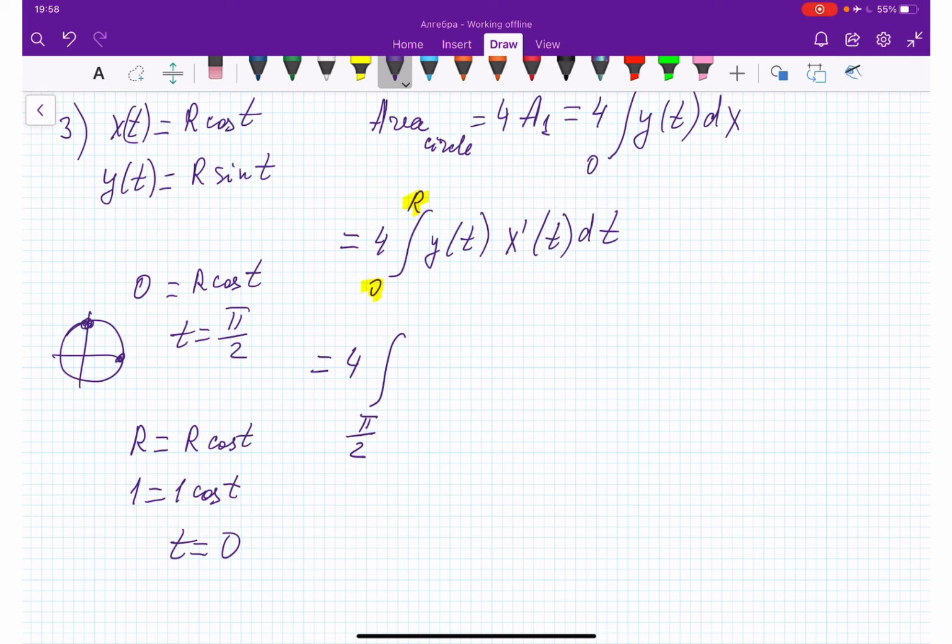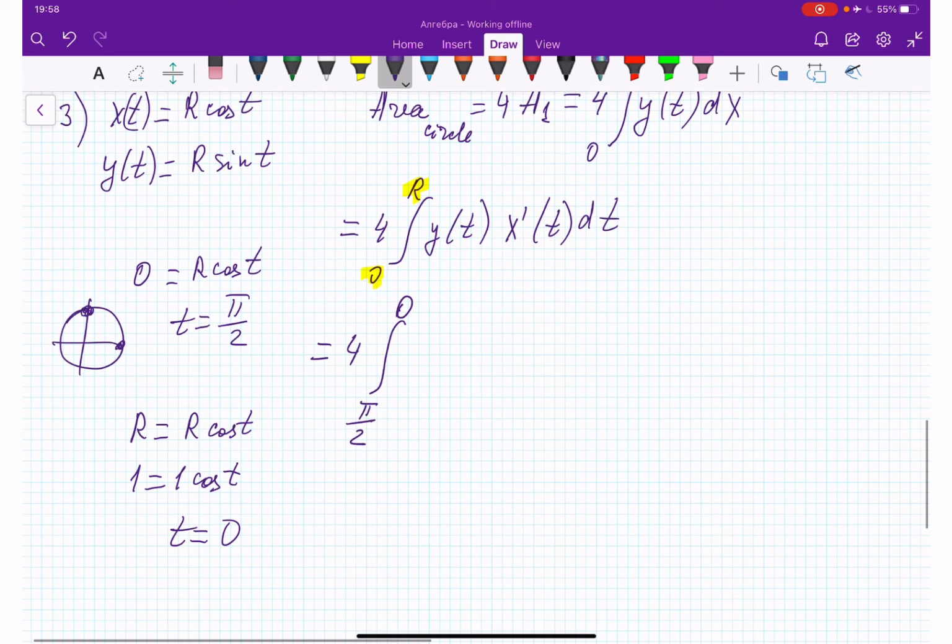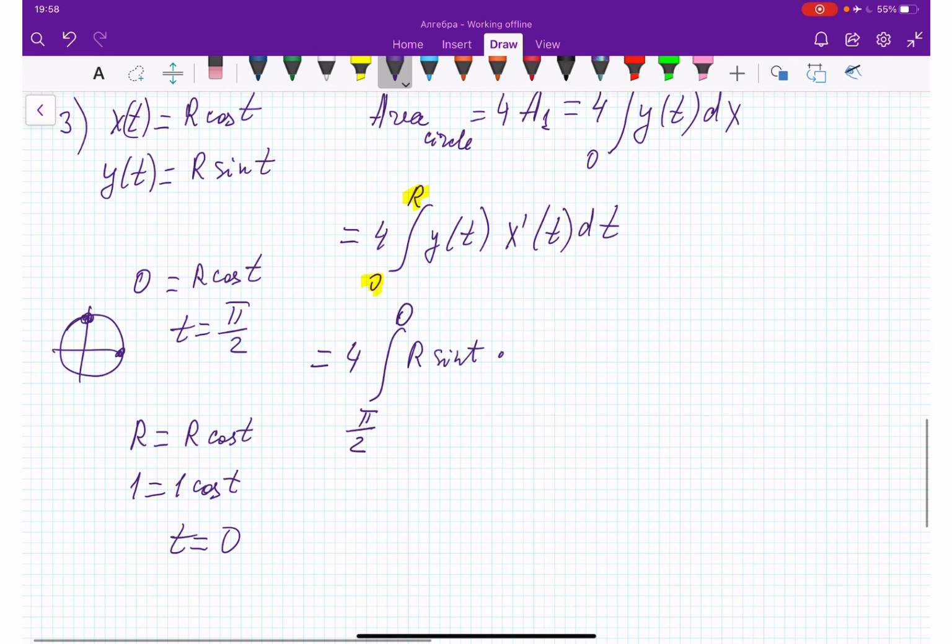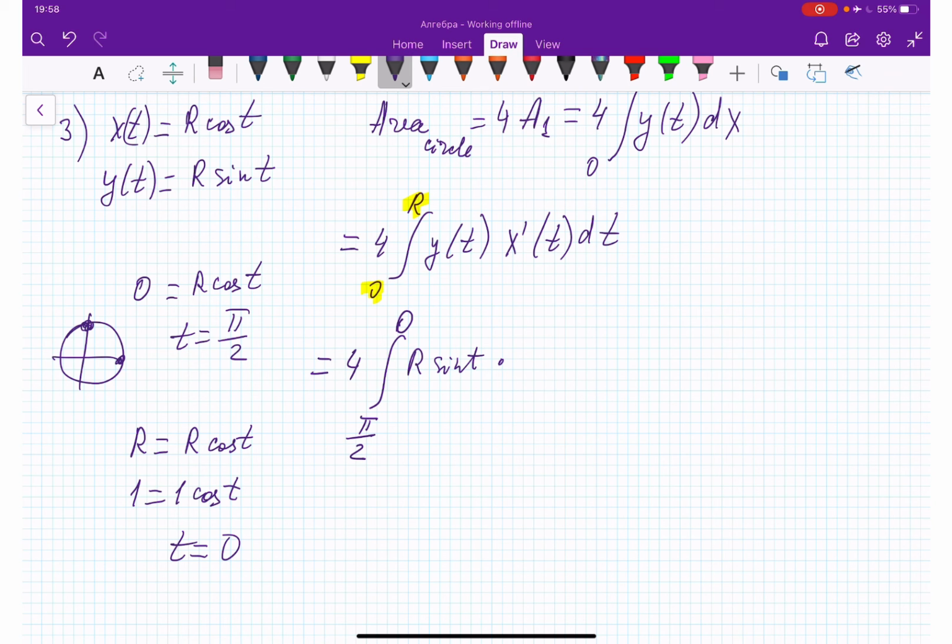Okay, so we have from half a pi to 0, r sine t, that's y of t, times the derivative x prime, which is negative r sine t, right? Because the derivative of cosine is negative sine t, and here we have dt.